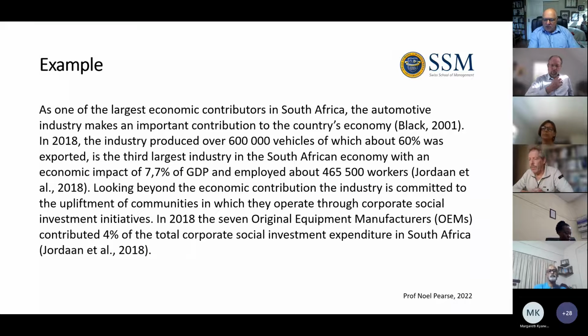If you look at this example, can anyone tell me what is the major claim in this paragraph? Once you've read it, if anybody can tell me.